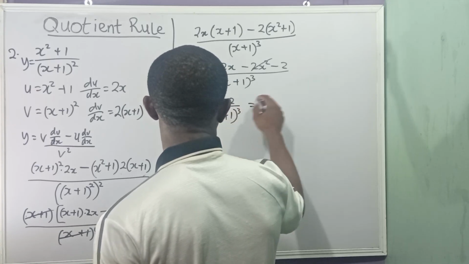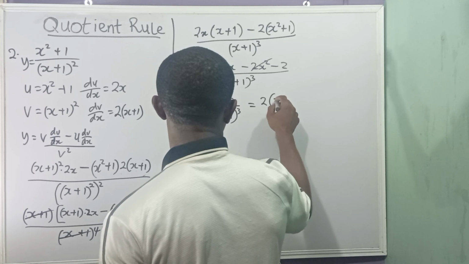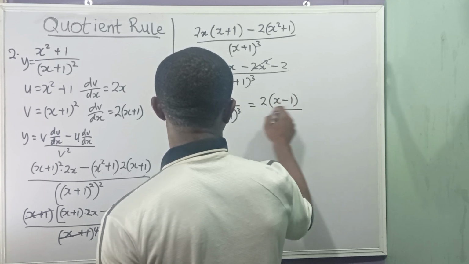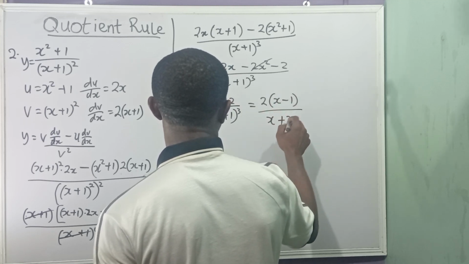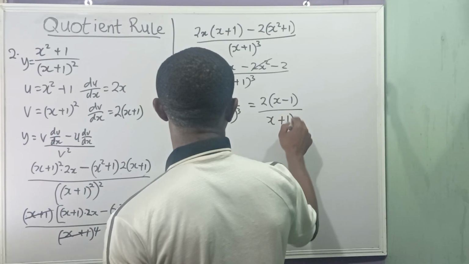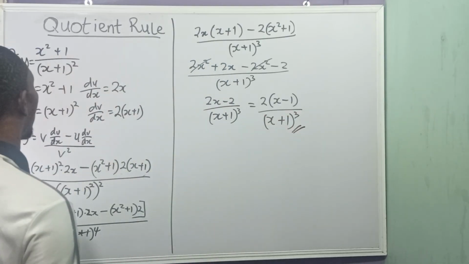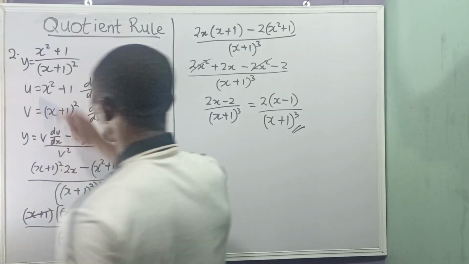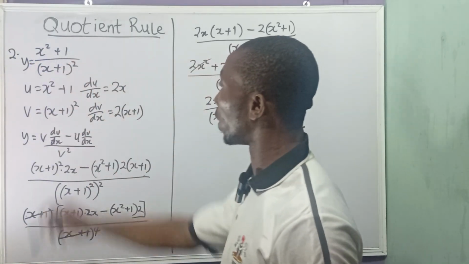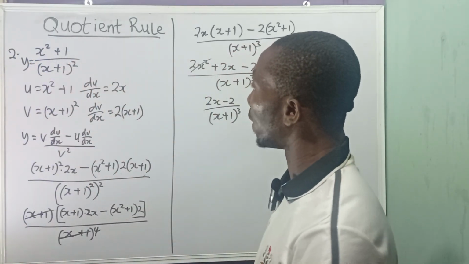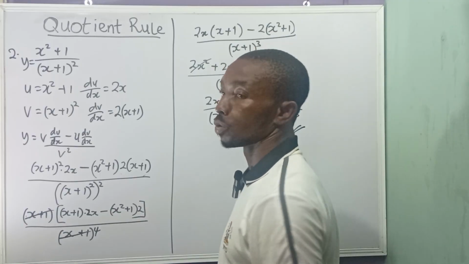Factorizing, this gives 2 bracket x minus 1 all over x plus 1 raised to power 3. Alright, so with this, we've differentiated y equals x squared plus 1 over x plus 1 all squared.